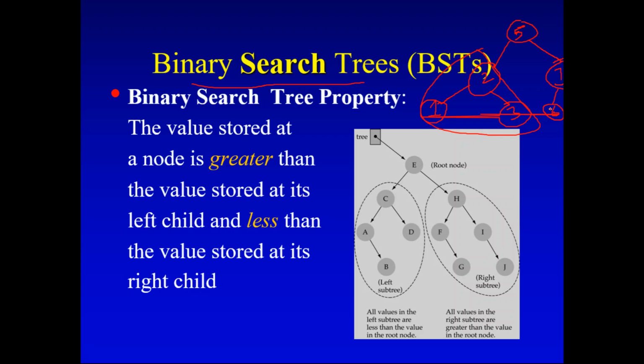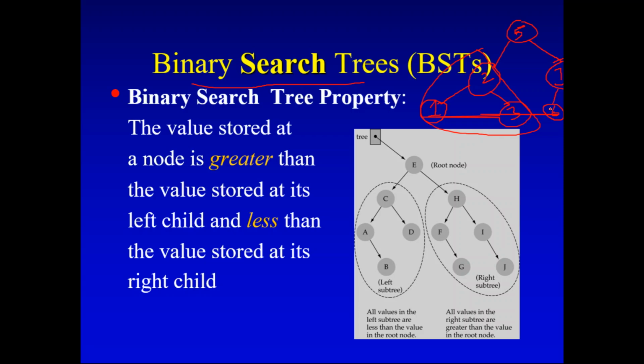Such a binary tree is called a binary search tree. That is, for a given node, its left child will have a value lesser than the key value of that node, and its right child will have a value greater than the key value of that node.